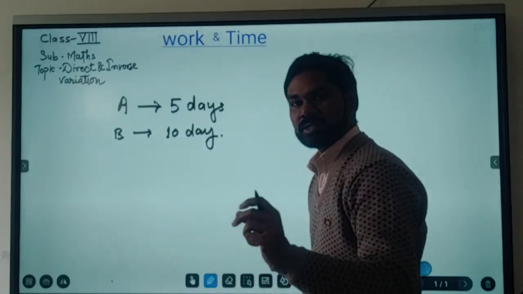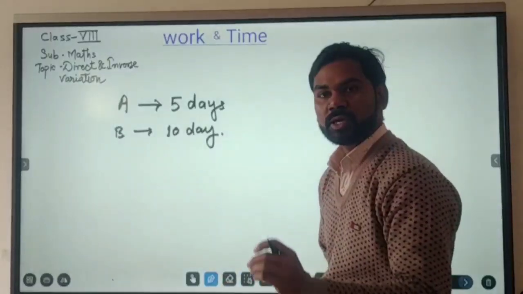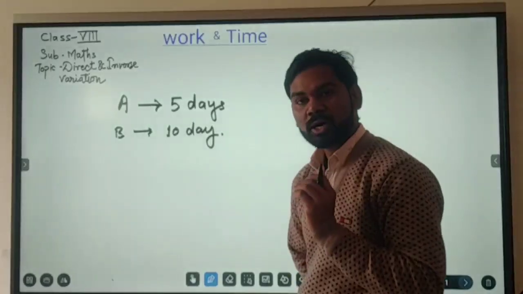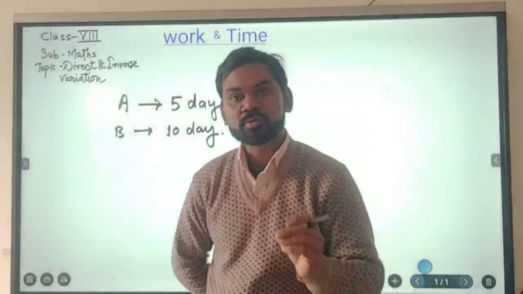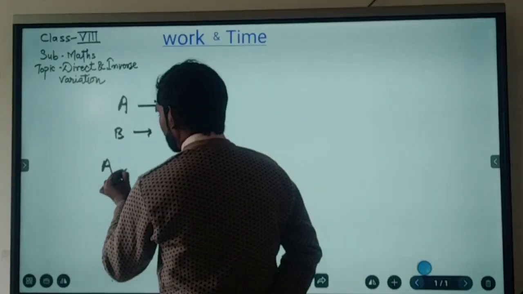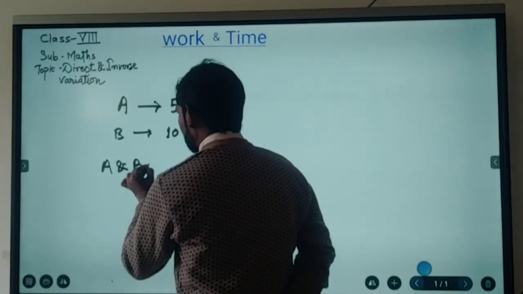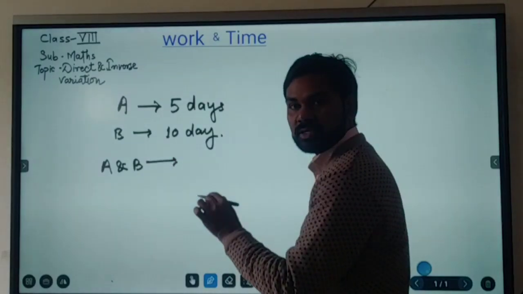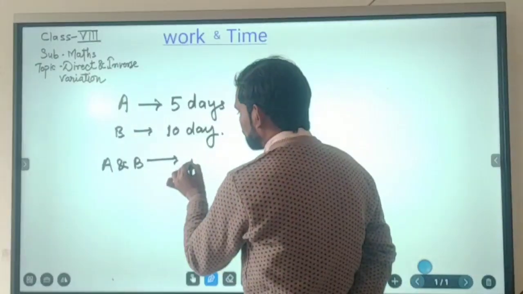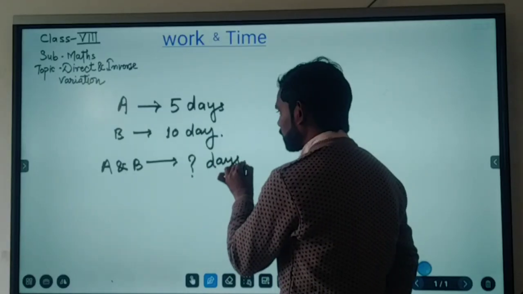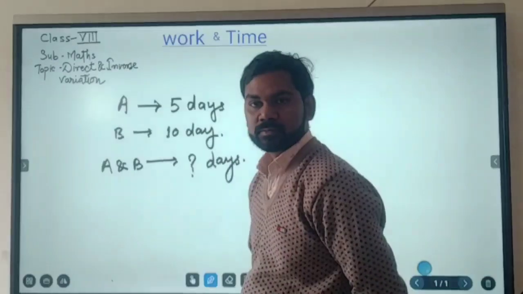The question is, if both A and B do the same job simultaneously, how many days will be required to complete the job?